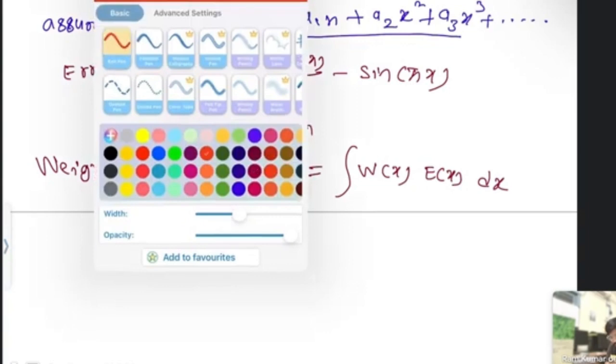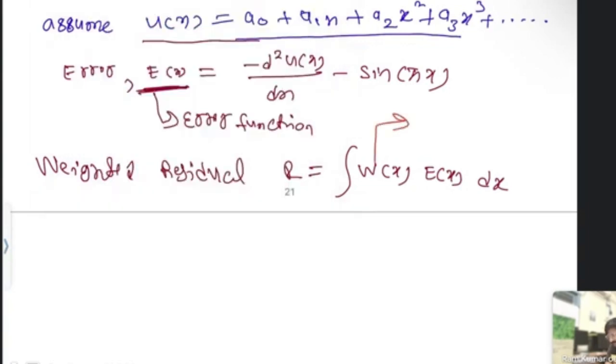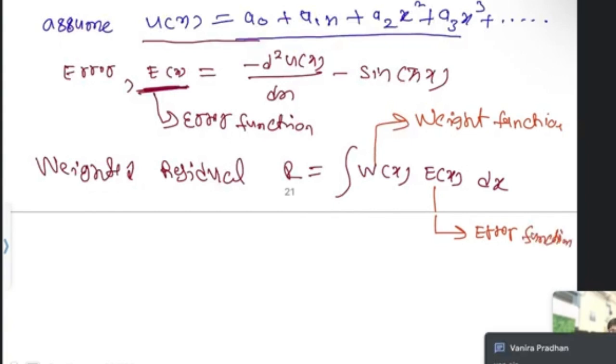What is this? w(x) is some weight function, and this is the error function. That's fine. So this is our weighted residual function.